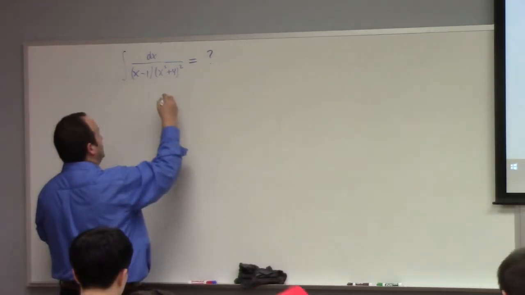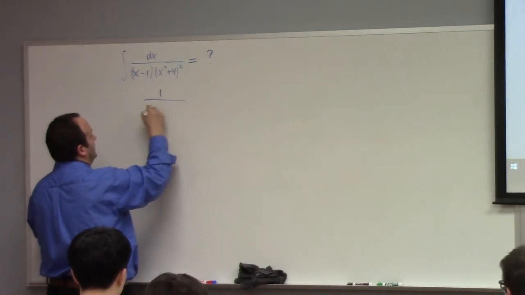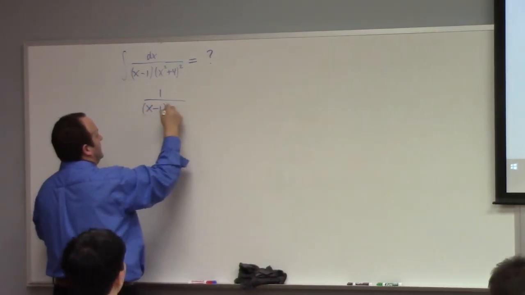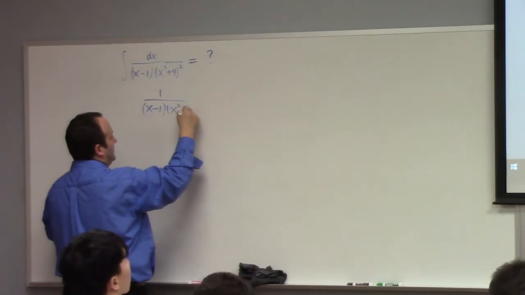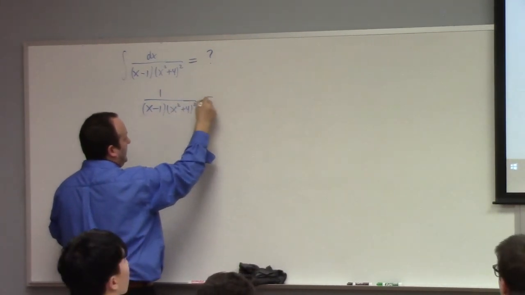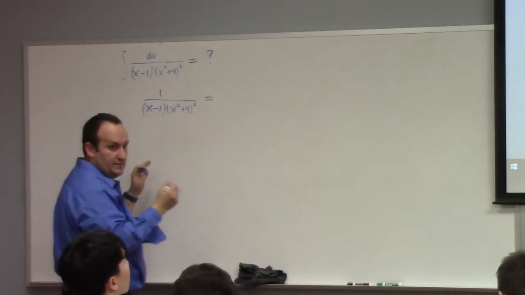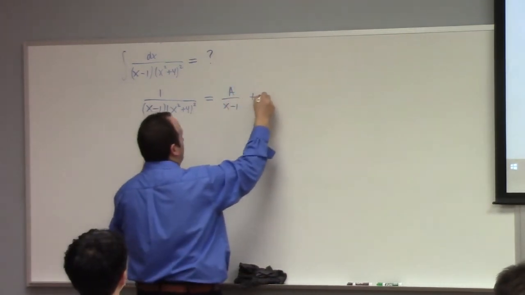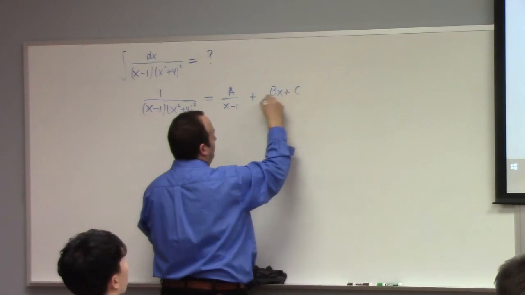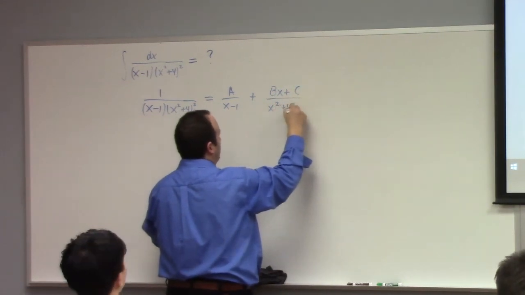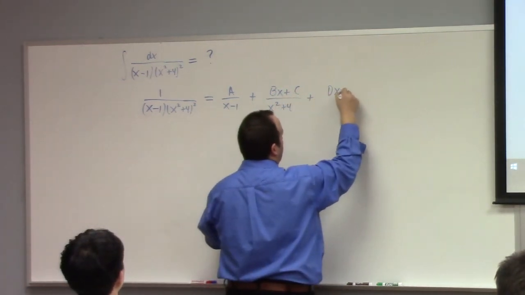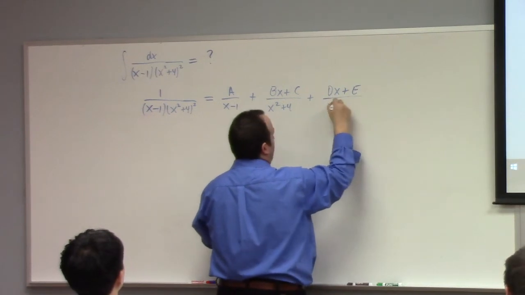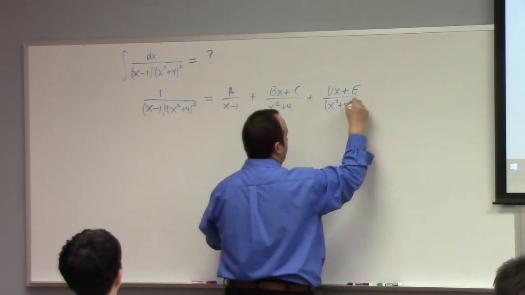They're both partial fractions, and so we're facing something like 1 over (x minus 1)(x squared plus 4) squared, and the question is, what's the partial fractions decomposition for such a thing? The answer is this: A over (x minus 1) plus (Bx plus C) over (x squared plus 4) plus (Dx plus E) over (x squared plus 4) squared.